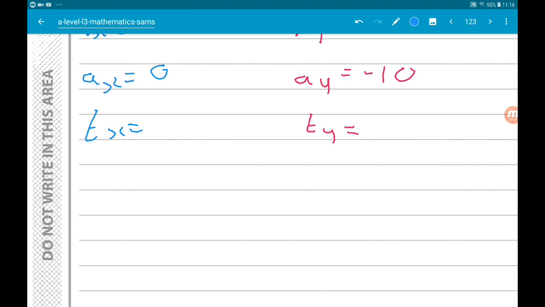So from the horizontal motion, S is equal to ut.